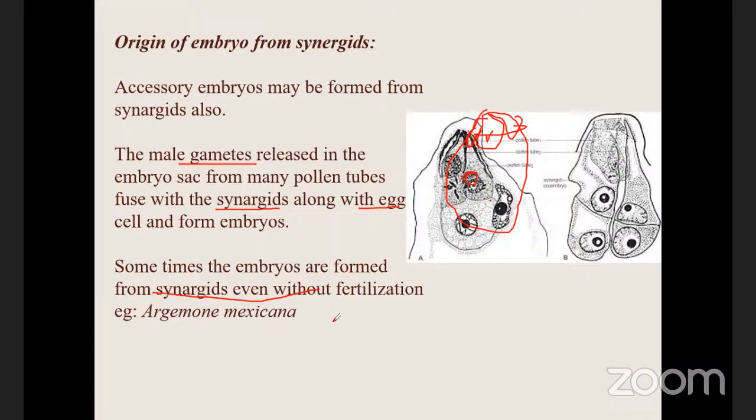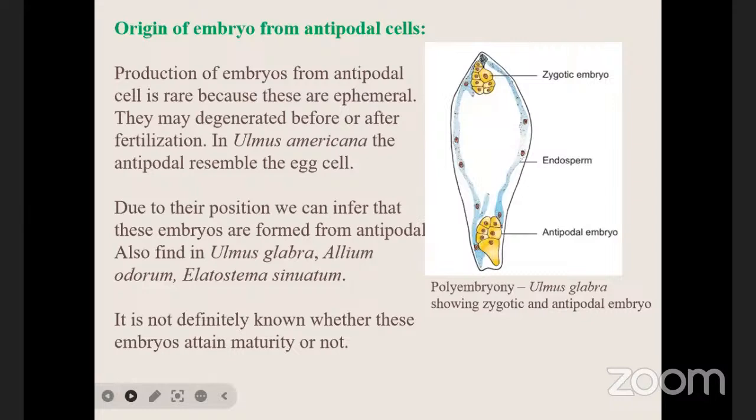Okay, and then in some, what happened? Origin of embryo from antipodal cell. Usually, the antipodal cells are there at the chalazal end. These are vegetative cells, but sometimes with stimulation, these antipodal cells also take part in the formation of embryos.